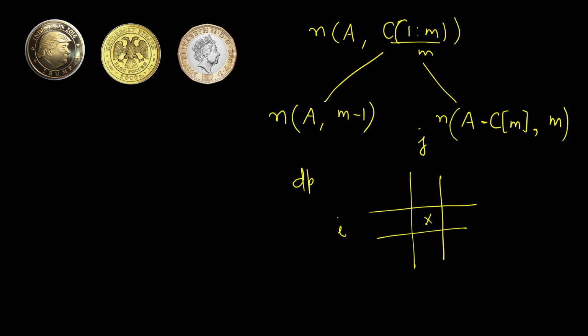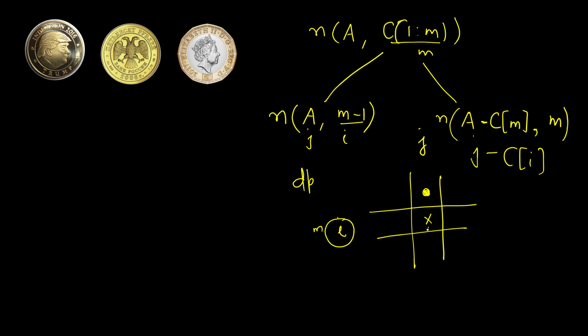So in order to form this amount, which is in column J and this is in row I, one is the same amount, that is the same column, but 1 less row. So it will depend on this value and A minus, that is J minus I. So whatever is the denomination of this coin, Ci.